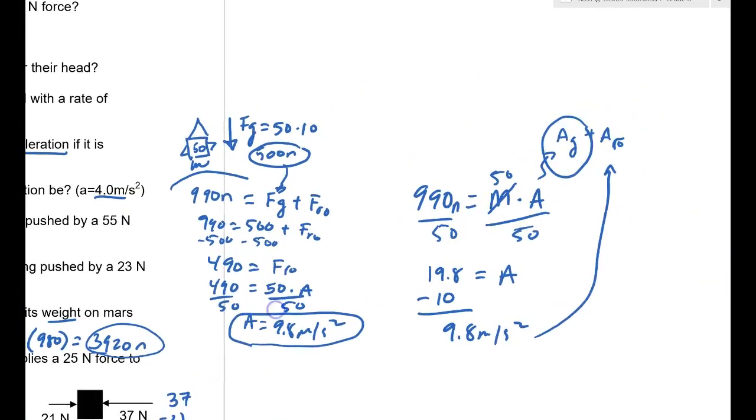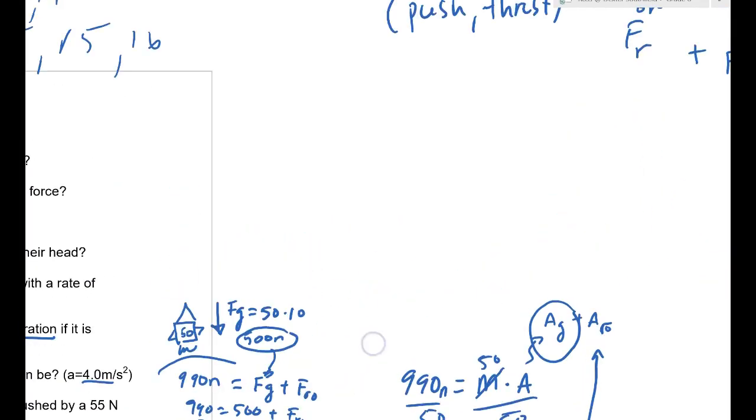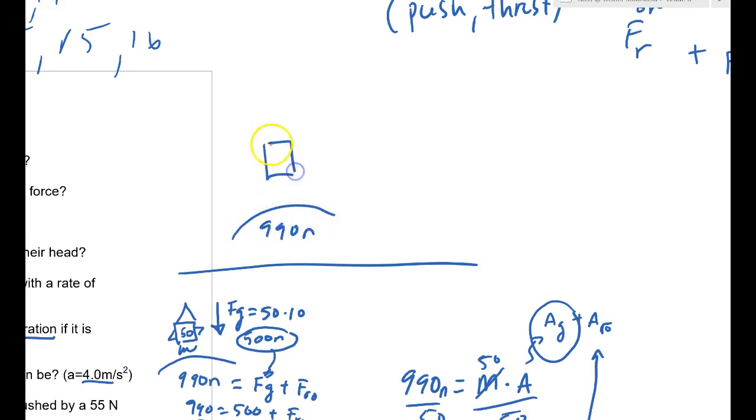So we're going to do all this. Let's just do this up here. So we've got still the same 990 newtons of thrust. We've got a 50 kilogram rocket. So that 990 newtons of thrust, we're going to solve this both ways again, is going to be spent overcoming force of gravity and then accelerating the rocket.